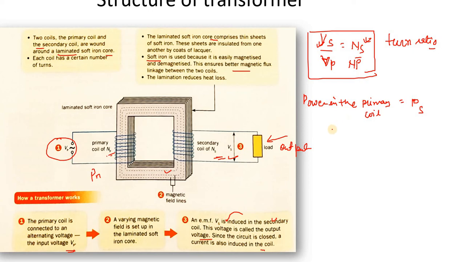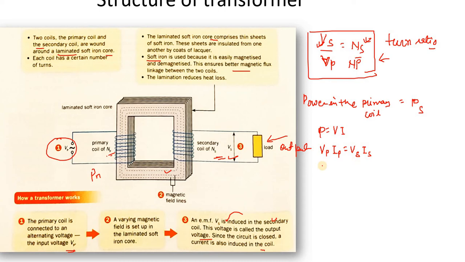So what is the power in the primary coil? You can write P is equal to VI. So power in the primary coil means VpIp is equal to what should I write? VsIs. So this is the one equation we know. From this data, what is clear is that Vs by Vp is equal to Ns by Np.